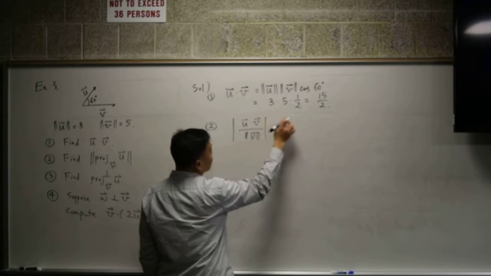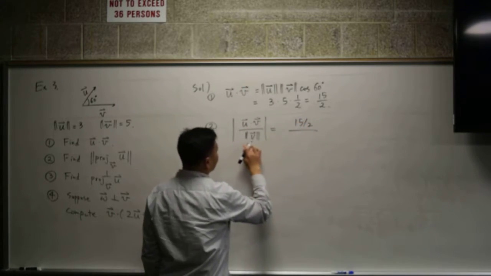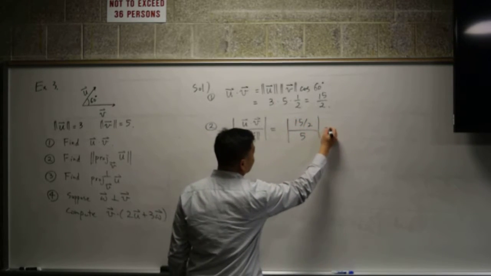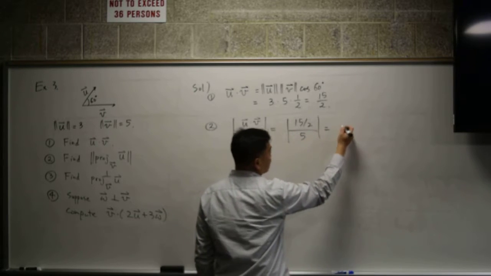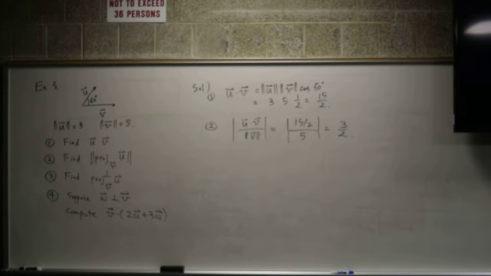Because I already know that the dot product is 15 over 2 and the norm of v is 5, 15 divided by 5 is 3, so I have 3 over 2. So that will be how you get it just by using the formula.